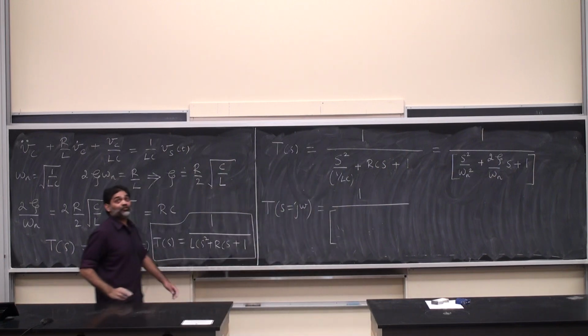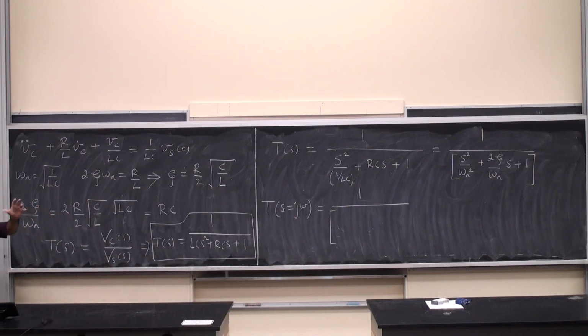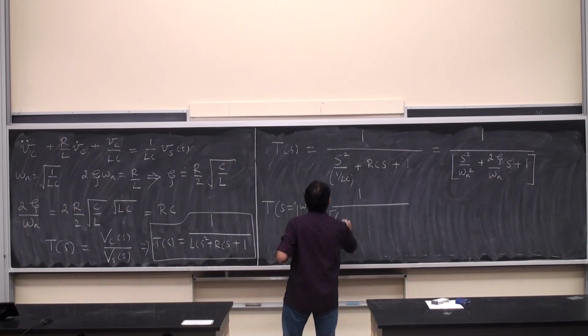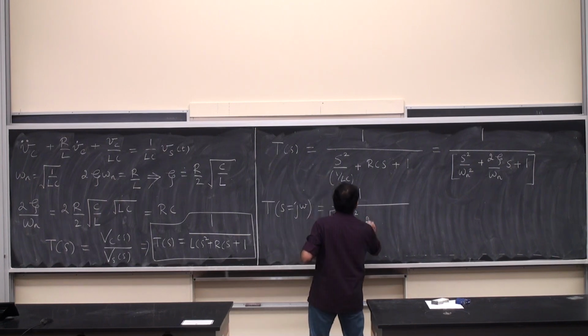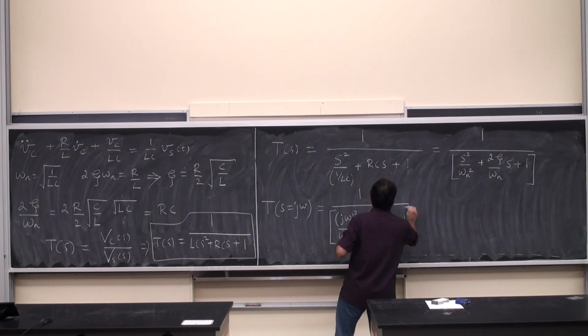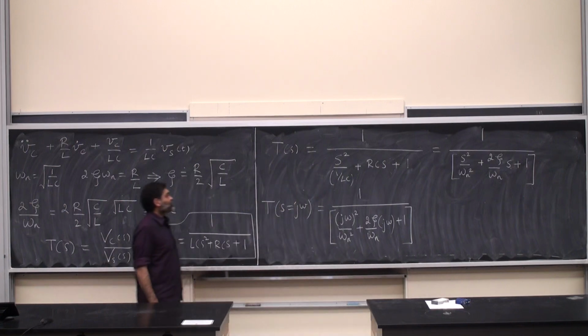I have an S square, so j omega whole square or minus omega square. Okay, so this is j omega whole square by omega n square, 2 zeta by omega n times j omega, and then this measly 1.